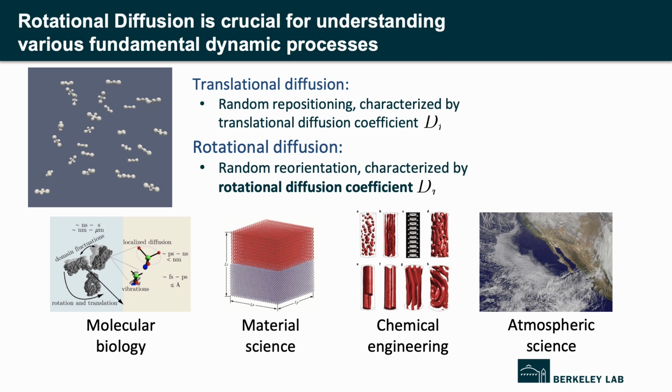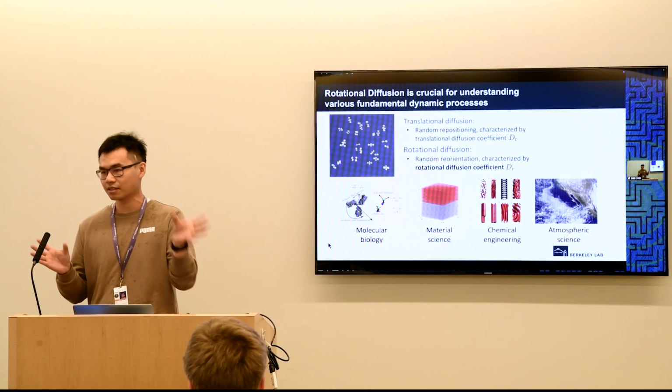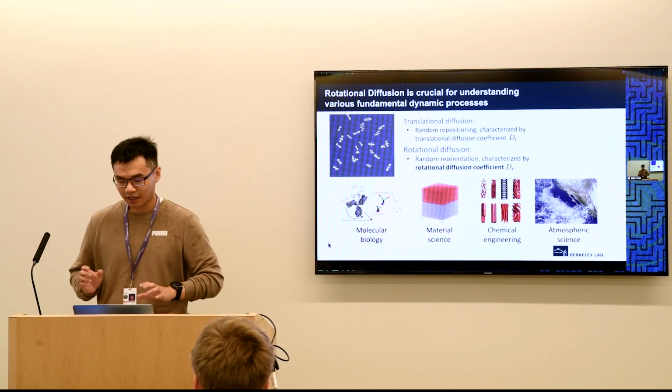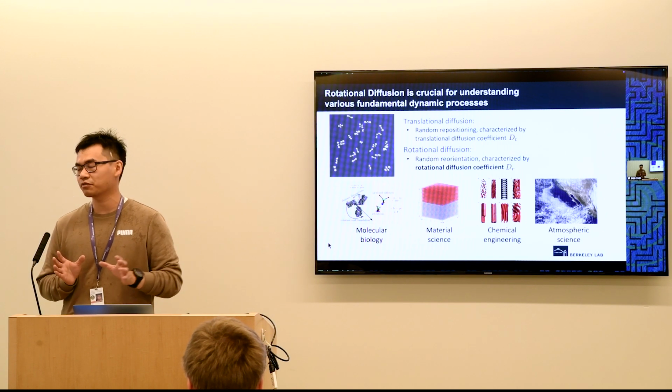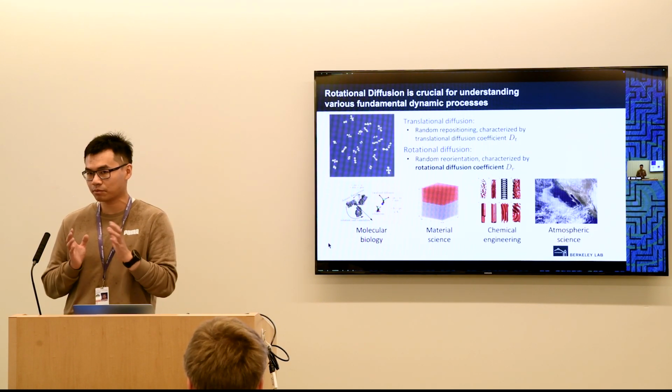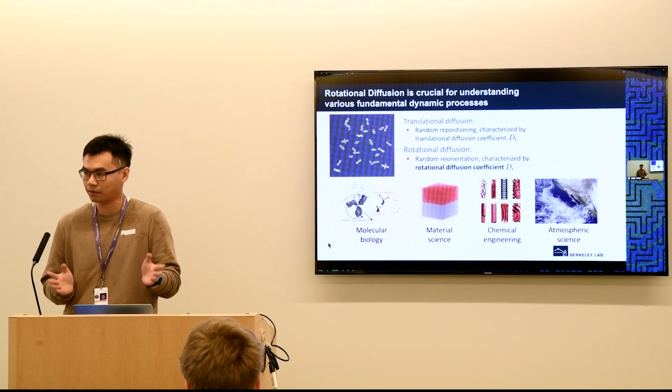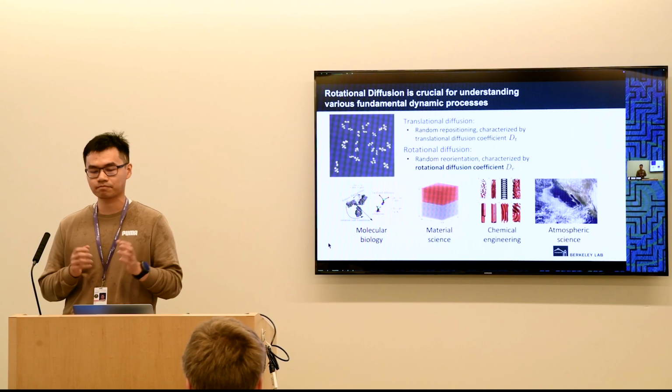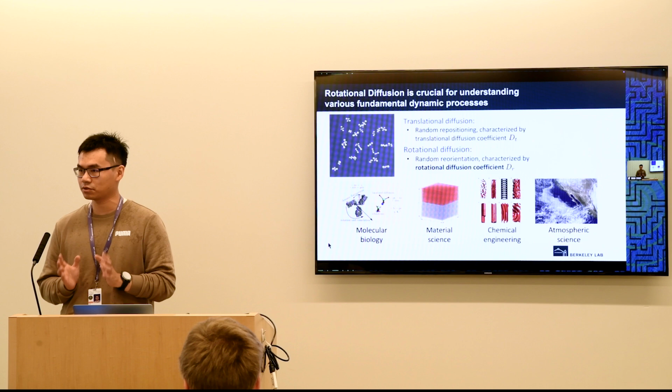And it also matters in chemical engineering, as if we want some chemical reaction to happen, then we need the reaction site on one molecule to bind with another reaction site. So the rate of this binding is affected by how fast this particle can move to the other side and rotate that reaction site to bind with another one. And also, it is quite important in atmospheric science, as it plays a really important role in how pollution spreads into the water or into the air. So that is quite fundamental dynamics we want to study.